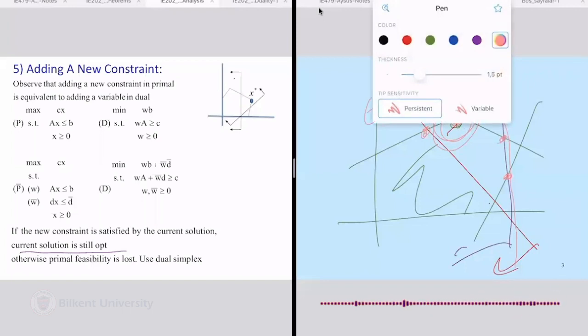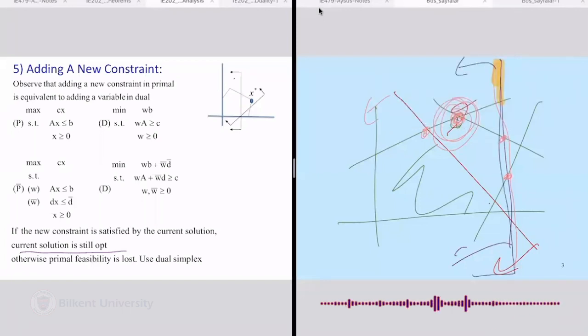When I add this purple line, my current optimal solution is still feasible because this was my region at the beginning. I'm adding this purple thingy right now, and my current optimal solution is still feasible. Now, in order for this to lose optimality, some other corner point must challenge it.